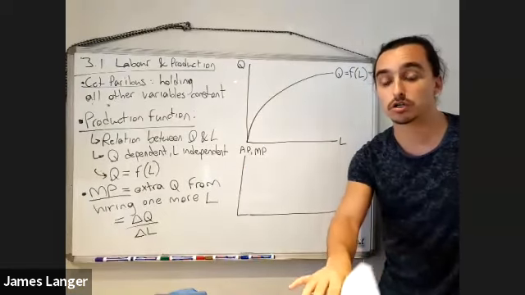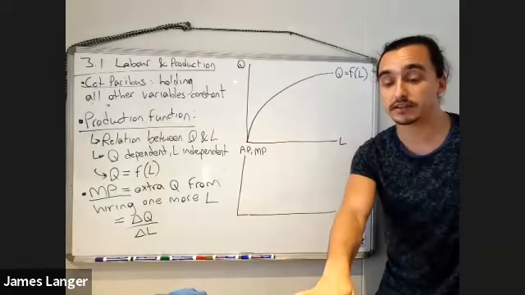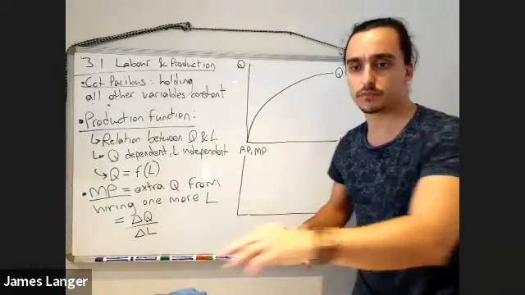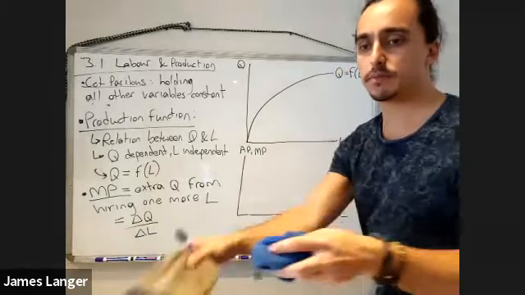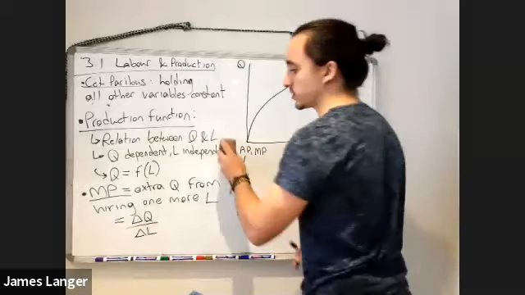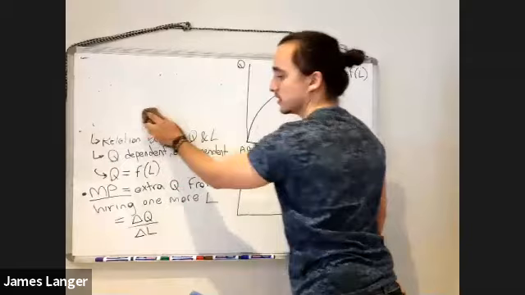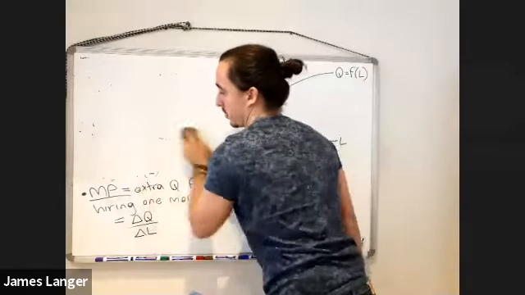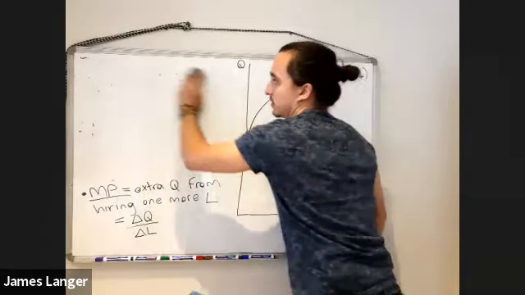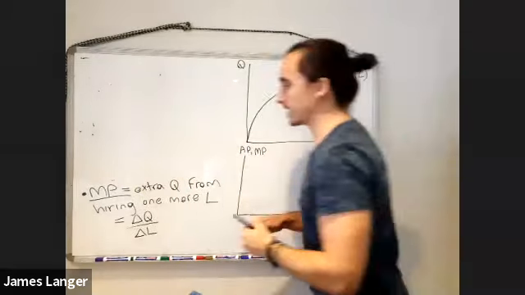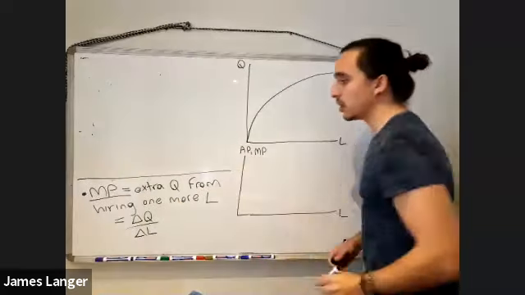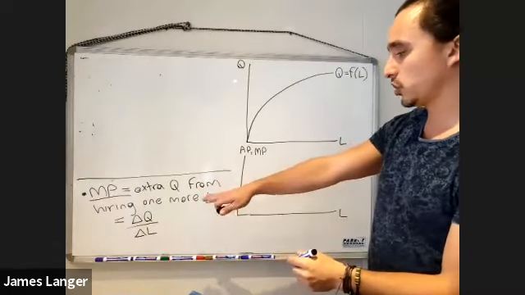MP is marginal product. Give me a thumbs up if we get this. Otherwise, ask me questions on the graph. I will be erasing some things as I go along so that we can keep working here. All right, sweet. So marginal product is the change in Q over the change in L.